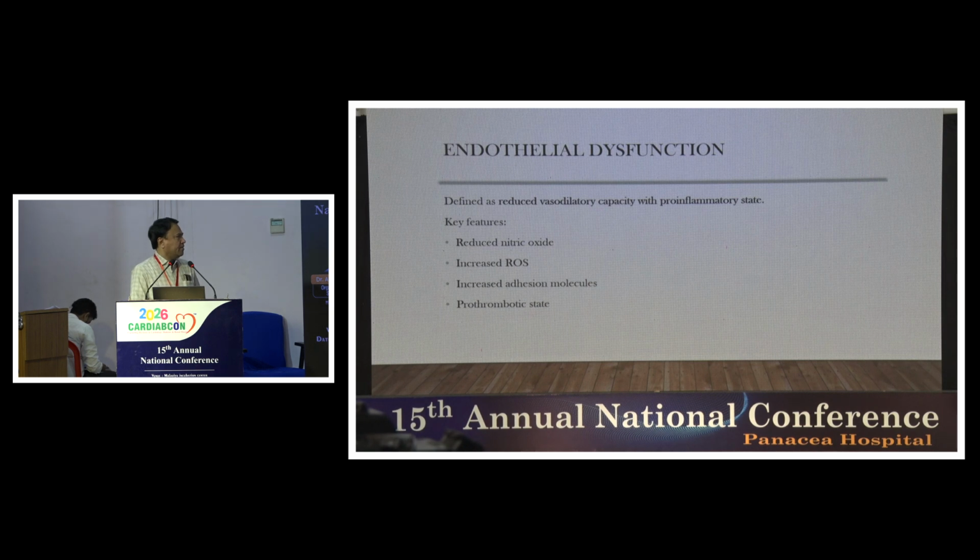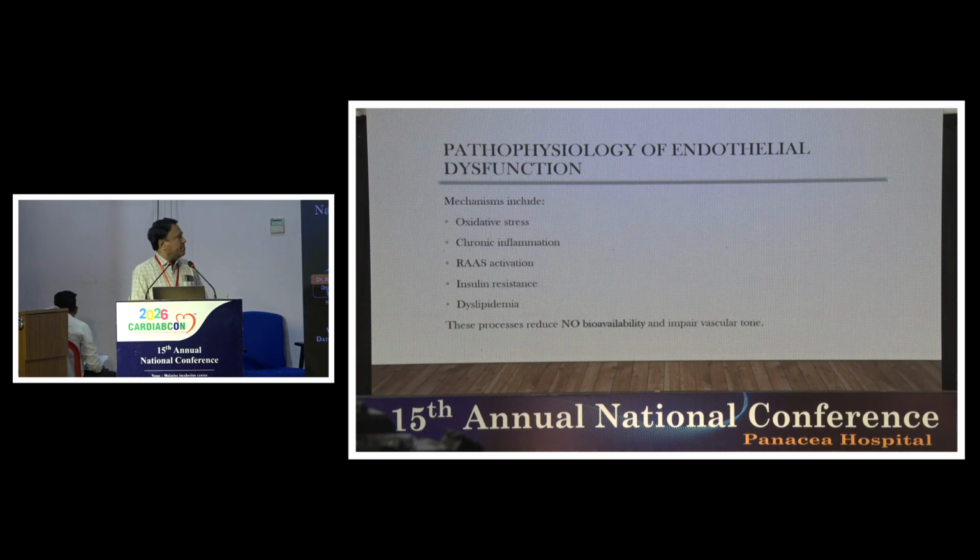Endothelial dysfunction has these key features: reduced nitric oxide, reactive oxygen species, adhesion molecules, and a prothrombotic state. This is because of oxidative stress, chronic inflammation, RAS activation, insulin resistance, and lipid abnormality.